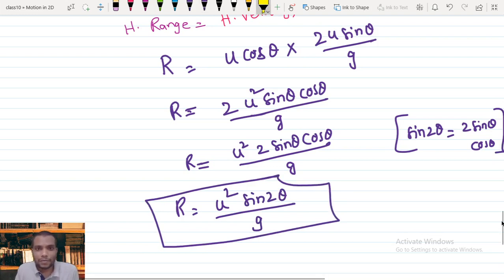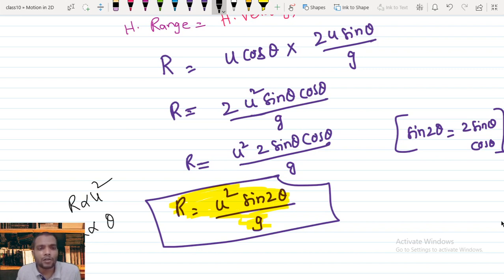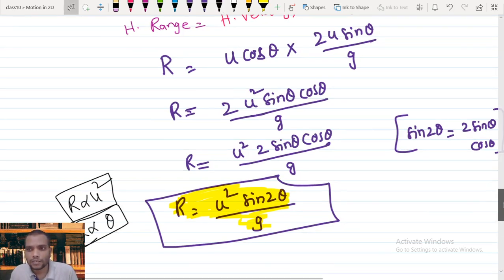So the range the projectile covers during its time of flight equals u square sin 2 theta upon g. The range is directly proportional to the square of the initial velocity and also depends on theta. If either of these two factors changes, the horizontal range changes.